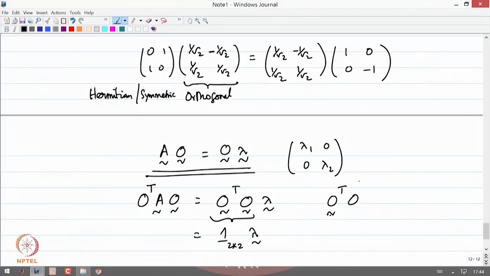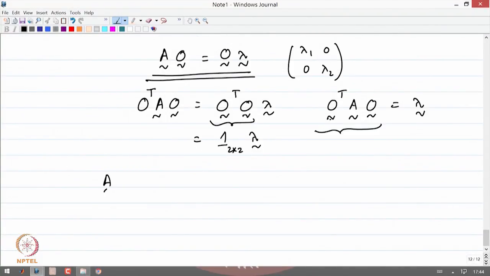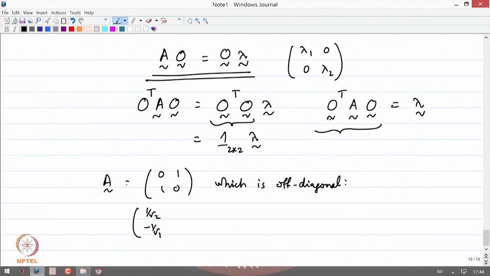Therefore what you see is O transpose A O is now the lambda matrix. So what you have done is to take the matrix A, 0 1 1 0, which is off diagonal, and through the process of this, O transpose is going to be 1 by root 2, minus 1 by root 2, 1 by root 2, 1 by root 2.